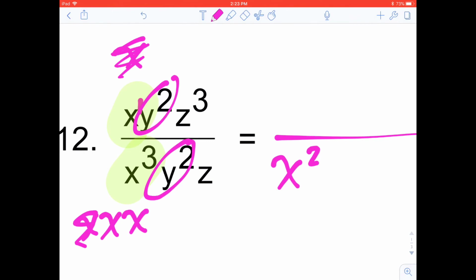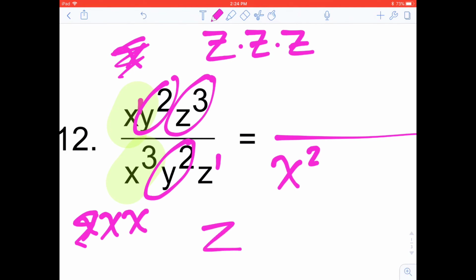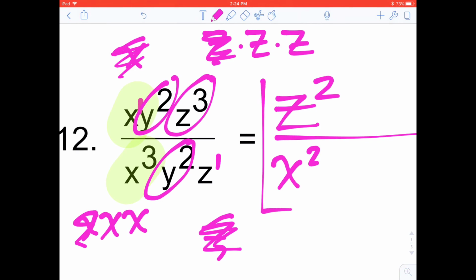We have z to the 3rd up top and z to the 1st on bottom. That would be like saying I have 3 z's up top and 1 z on the bottom. If I cancel that out, I would be left with 2 z's up top. And since I have more z's up top, z to the 2nd would go up top. And this would be my answer.